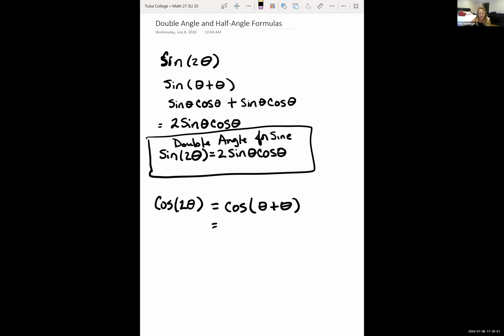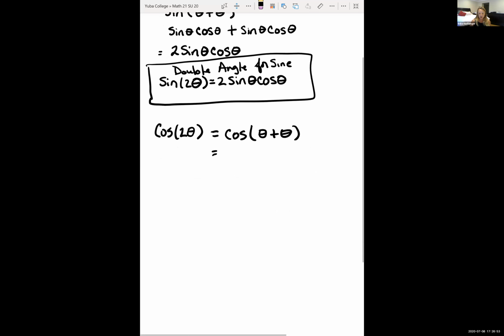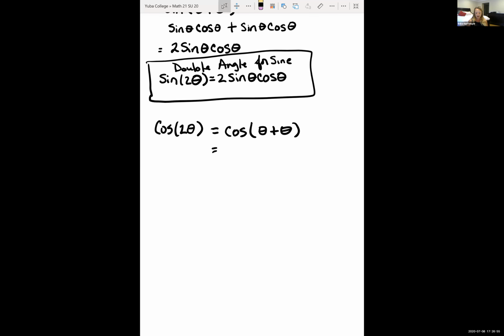So applying the sum of 2 angles for cosine, well, again, cosine for sum or difference is cosine, cosine, sine, sine, but it's an opposite sign. So this one's going to be in between. So this is cosine theta, cosine of the other one, which is theta. Opposite sign in between, minus, and then sine, sine. So sine of the first angle, theta, sine of the second angle, theta.